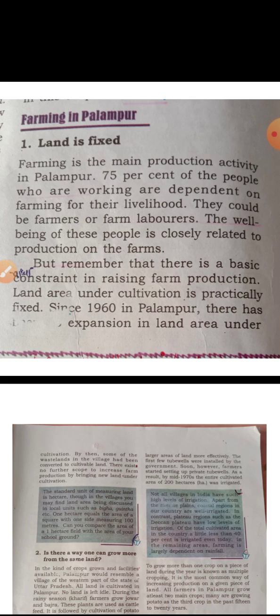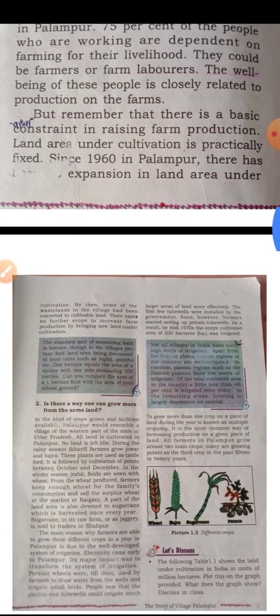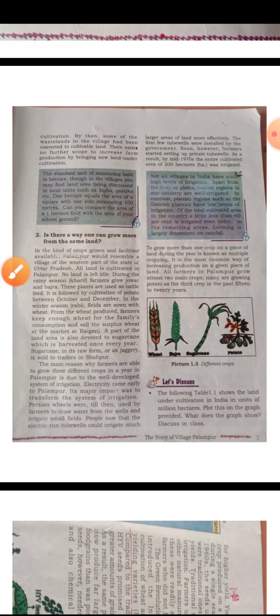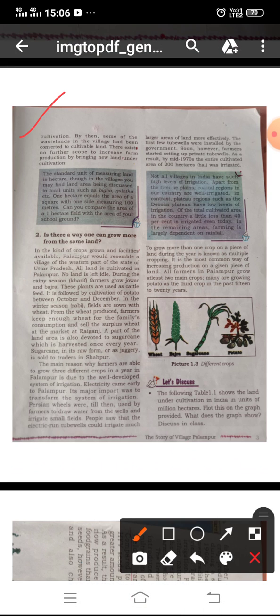There is a basic constraint in raising farm production. The cultivable land is practically fixed there, but since 1960, the people of the village Palampur worked hard to increase the cultivating land, and for it they started to make the wastelands cultivable.